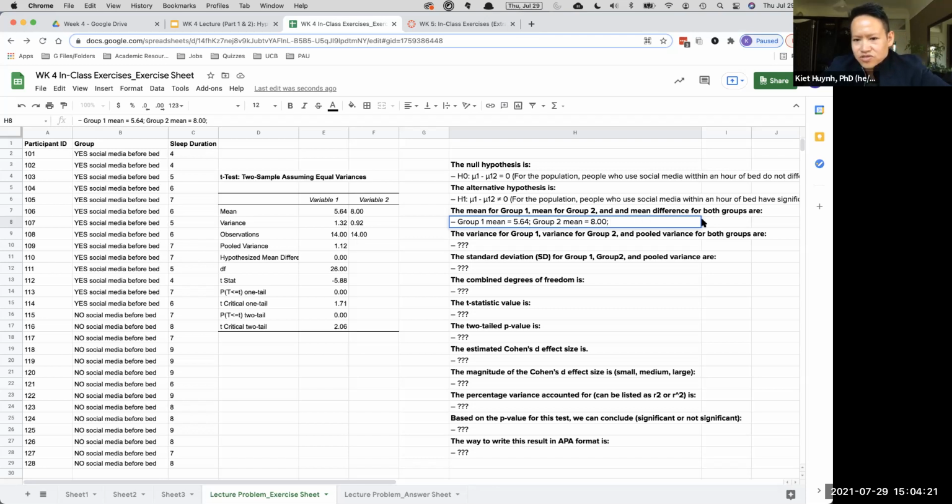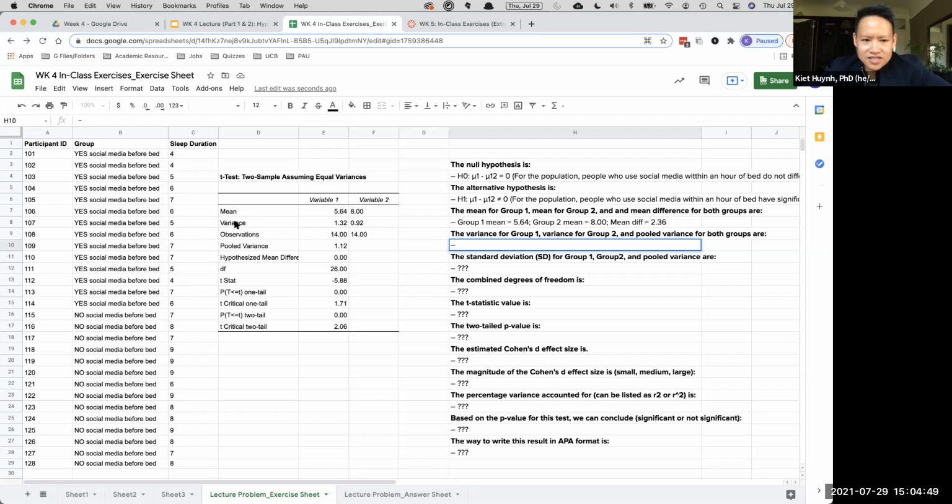The mean difference for both groups is basically just subtracting these two, 8 minus 5.64. Just have Google compute it. You get 2.36. Delete this.